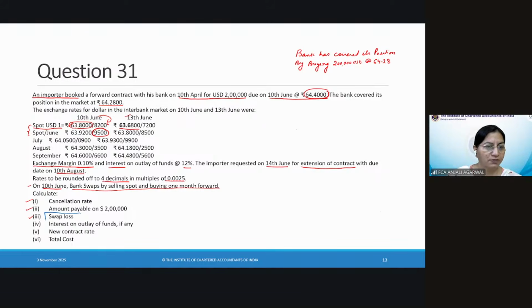This is the swap loss. So first you have to sell at a lower price, 63.80, and then you have to buy at higher price, 63.95. Okay. So how much is the swap loss?